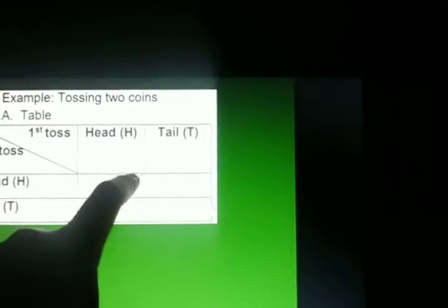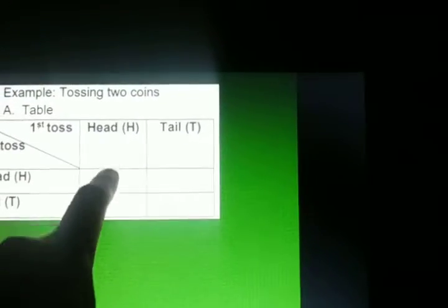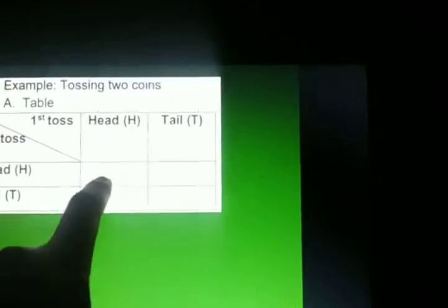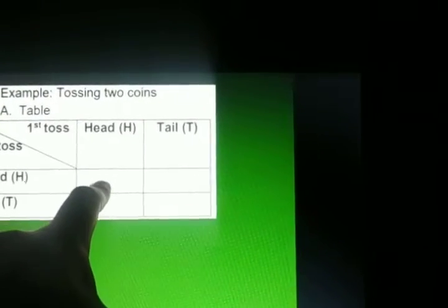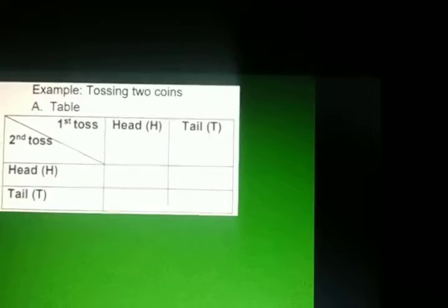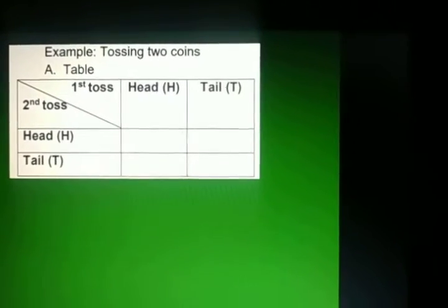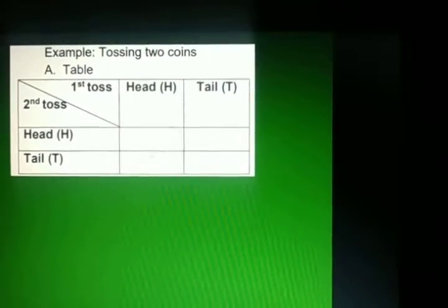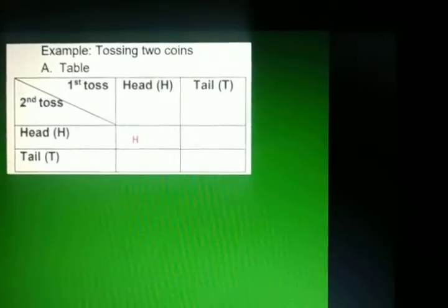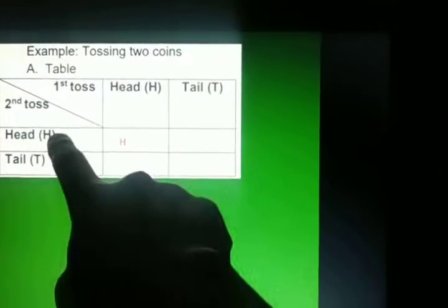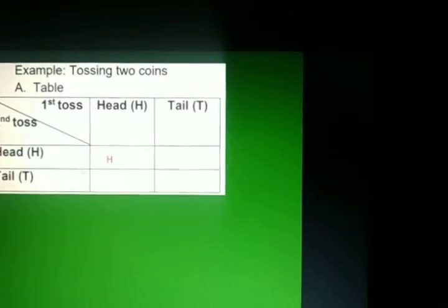The intersection is the cell, the intersection of your column and your row. So, isa ka head, isa man ka head. We will use this big letters H para head. That's why get enclosure sa parentheses. So, okay, this is what will happen. Isa ka head. Tapos, copy man, isa man ka head. From here, ma-head ka man dayon.